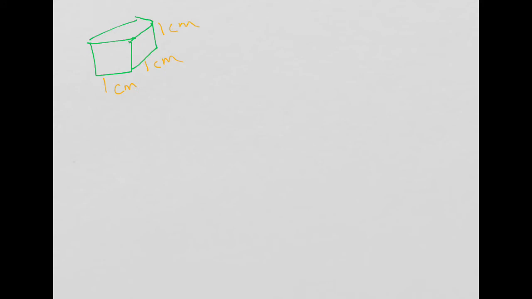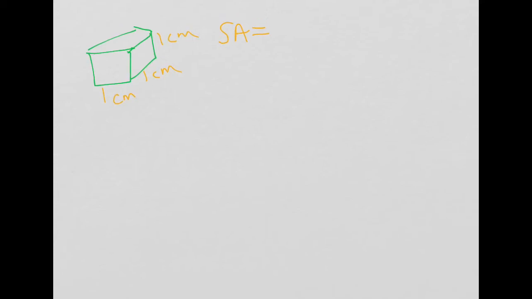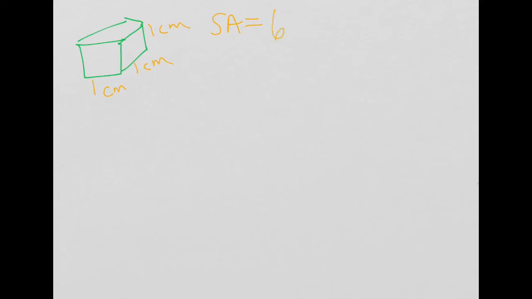Let's calculate the surface area first. So the surface area is all the area on the outside surface. We have 6 sides. And in this case, they're all going to have the same area, which is basically 1 by 1, which is 1 centimeter squared. So we'll just use 1.